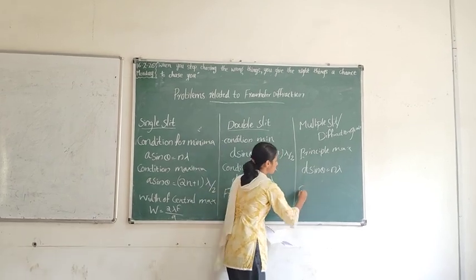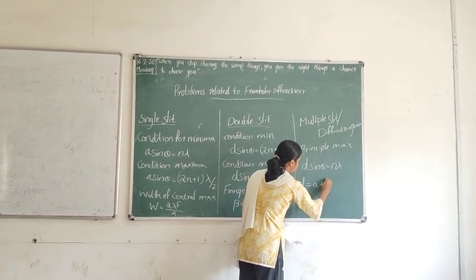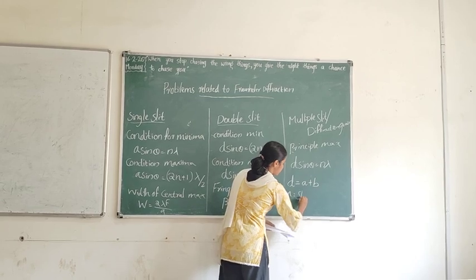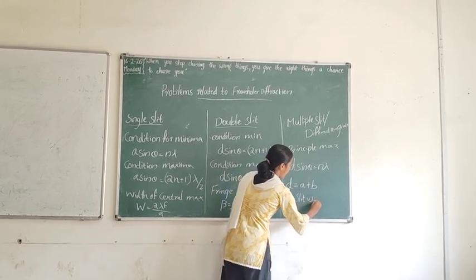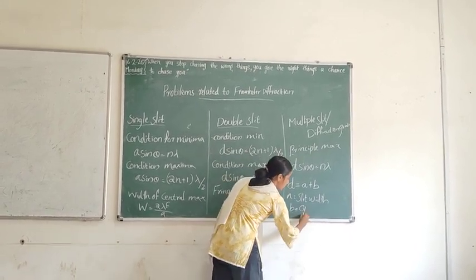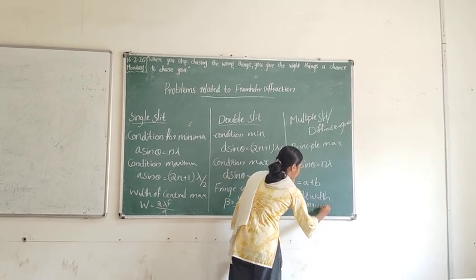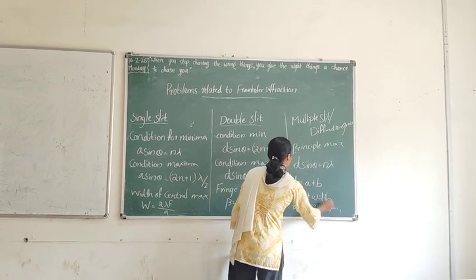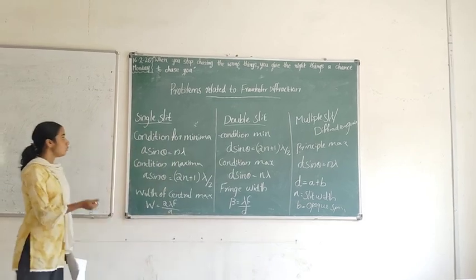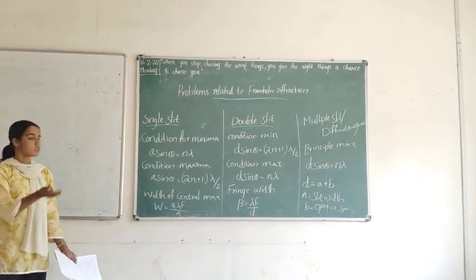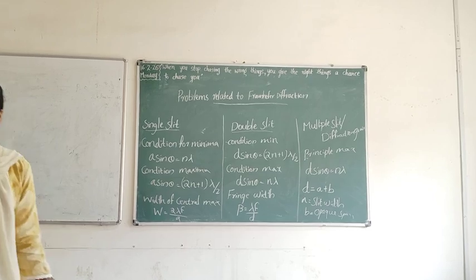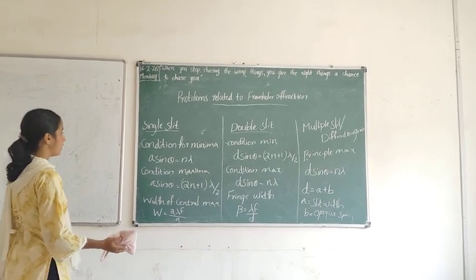Here D is equal to A plus B. A is equal to slit width and B is equal to opaque space. Here D is the sum of slit width and the opaque space. Now we reviewed all the equations. Then by using these equations, let's do some problems. Okay?